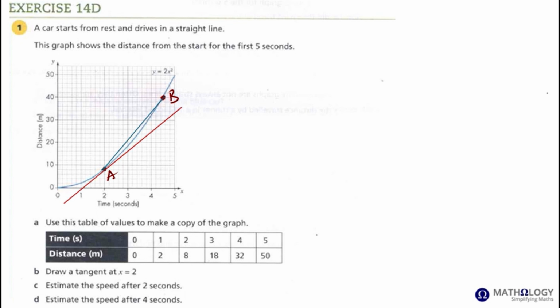The gradients of each tangent between A and B to the curve would not be the same. So that's why we call it an average gradient.